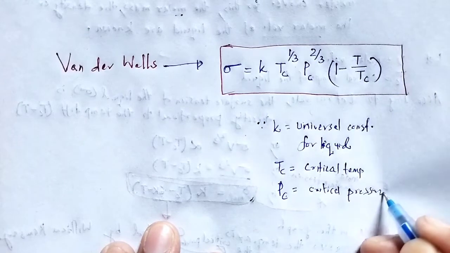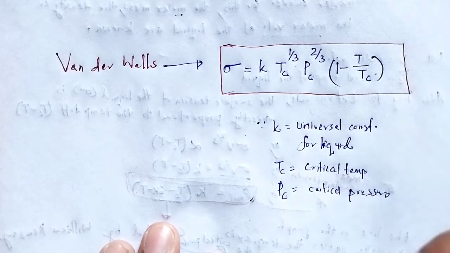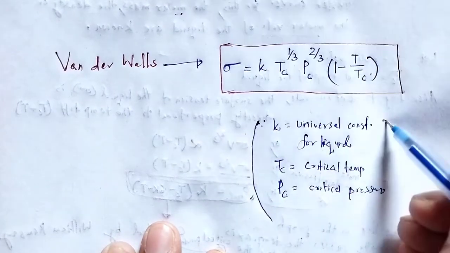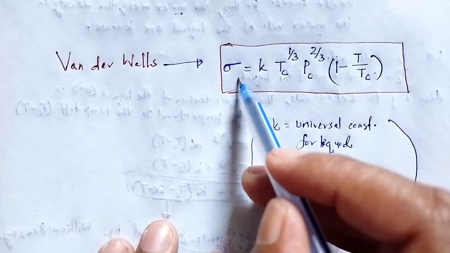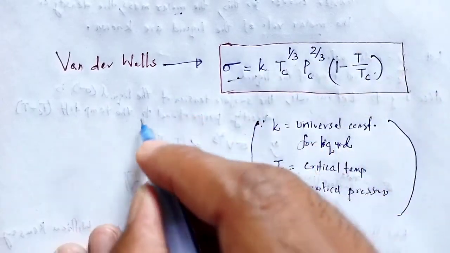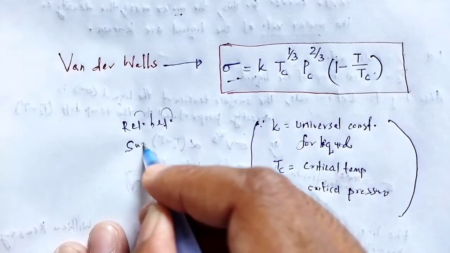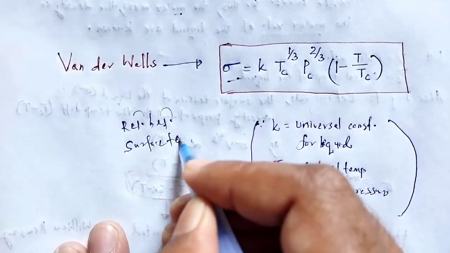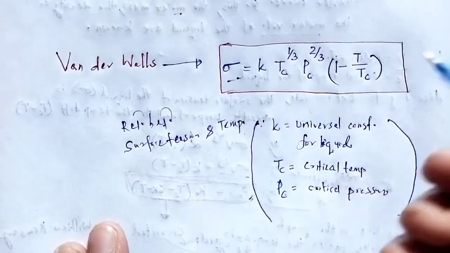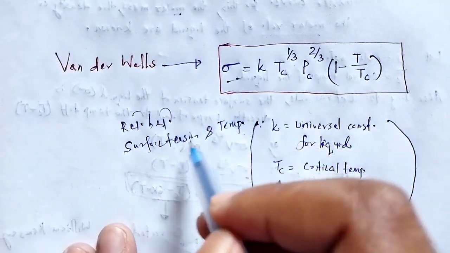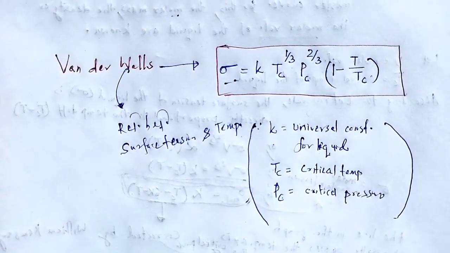Critical pressure means the pressure at which the surface tension will be 0. That equation was proposed by Van der Waals, the relation between surface tension and temperature.